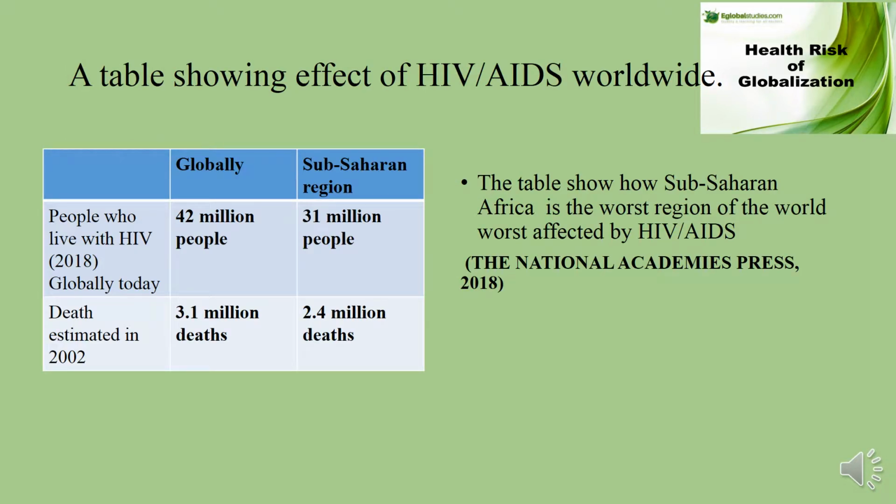Here there is a table showing how HIV has affected the world, and the current statistical data are in the table below. I will talk about the effect globally and again on the sub-Saharan region, which is mostly affected.